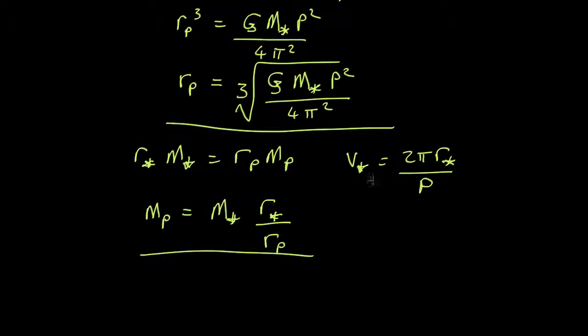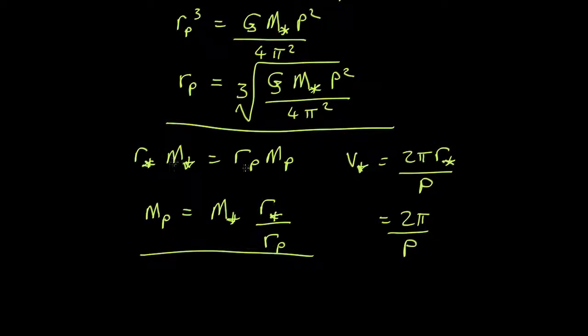Or if we knew the velocity of the star, say from Doppler effect movements, we'll be talking about that next time, we can factor into here v star equals, we've got the r of the star, it's going to be equal to 2 pi over the period.